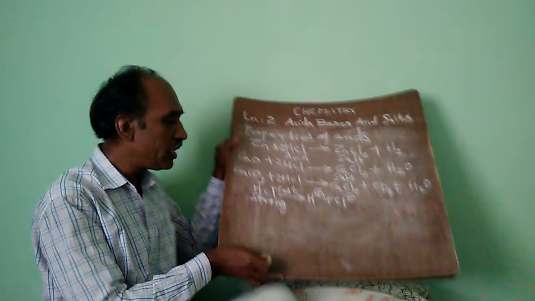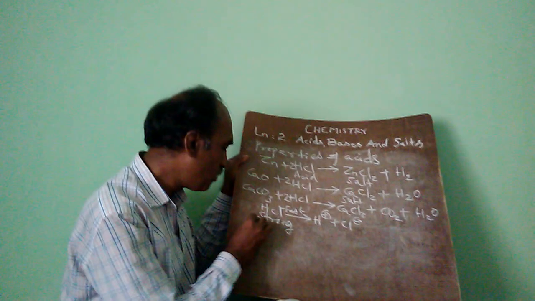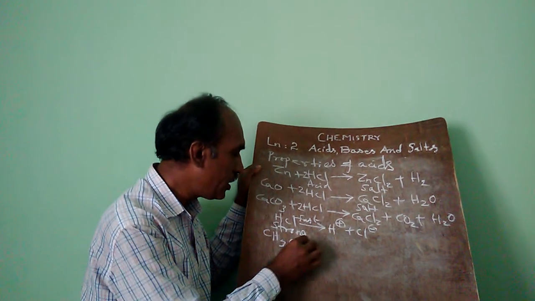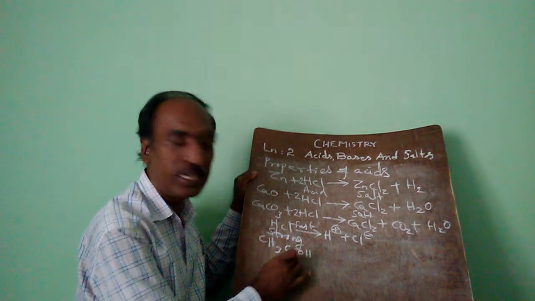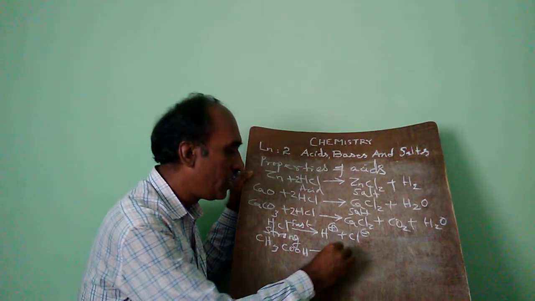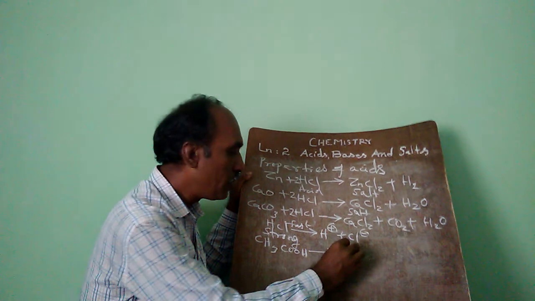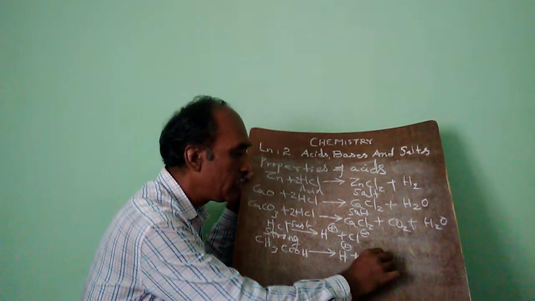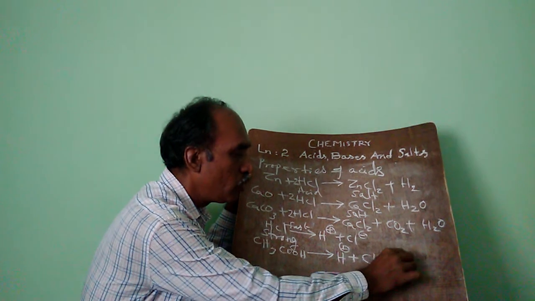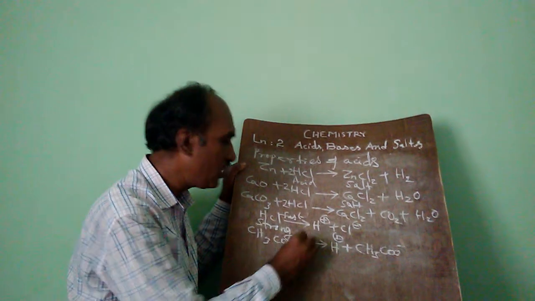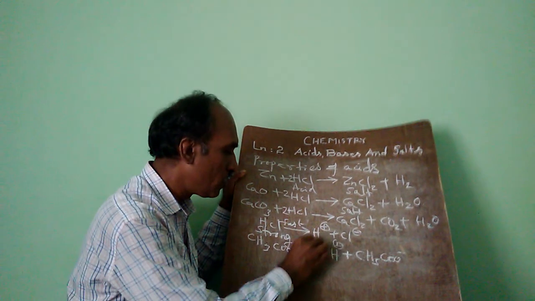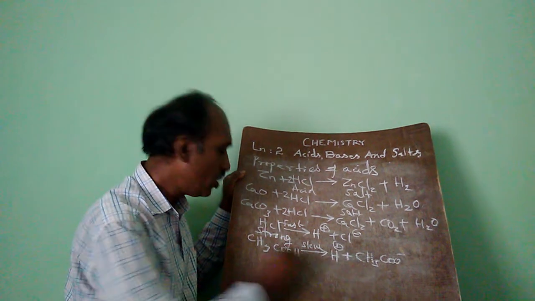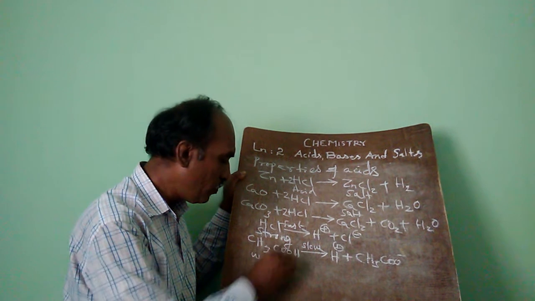Suppose the dissociation is weak, for example, acetic acid, CH3COOH. This also gives H plus plus CH3COO minus, but this reaction is slow. H plus is released slowly, so it is called a weak acid.